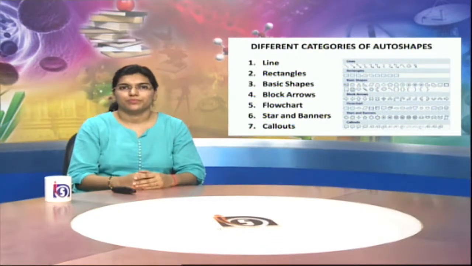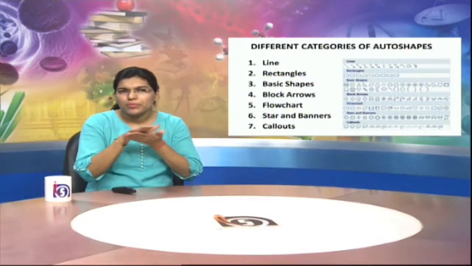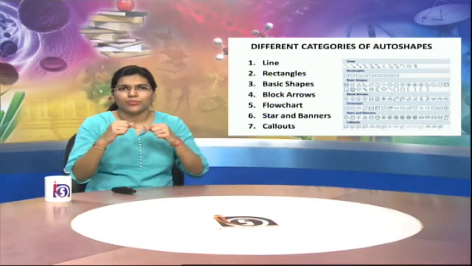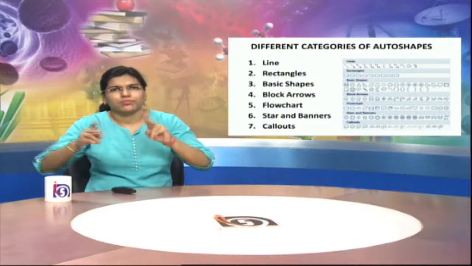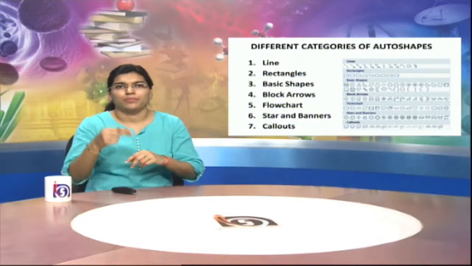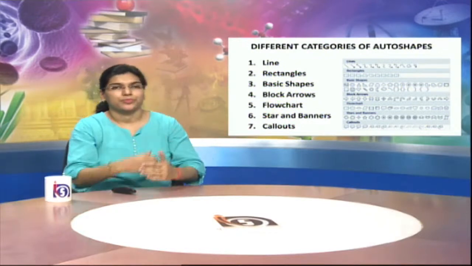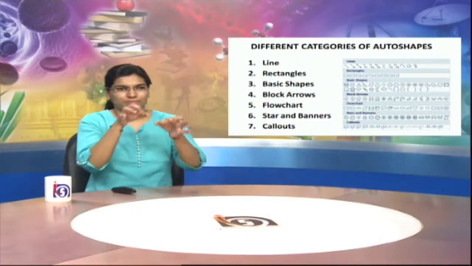You can see on the screen among that name. And the third word is basic shapes. Like there are different shapes you can see on the screen. So that is known as basic shapes. You can easily connect with the pictures shown just beside that name.